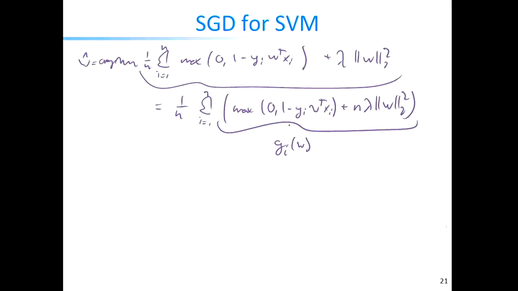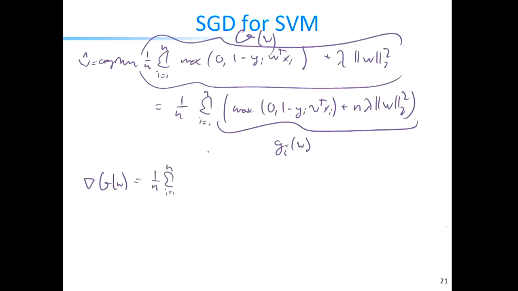And so now, of course, the gradient of the overall objective, let's call this g of w, is 1 over n times the sum of the gradients of these little g_i of w. And now we can try to get sampling-based estimates of these gradients. As soon as we can compute gradients of these little g_i's, we can apply stochastic gradient descent.